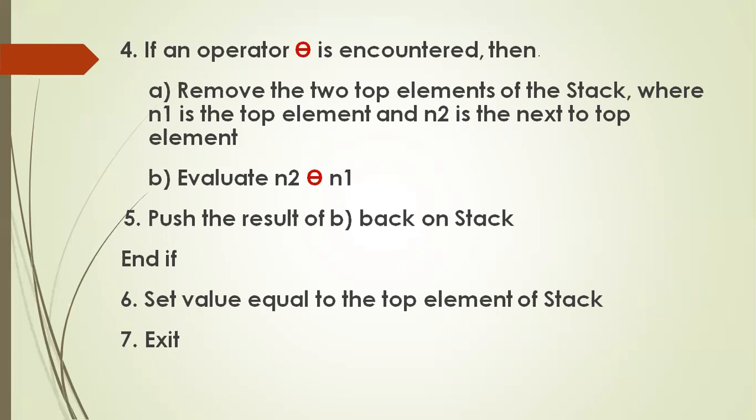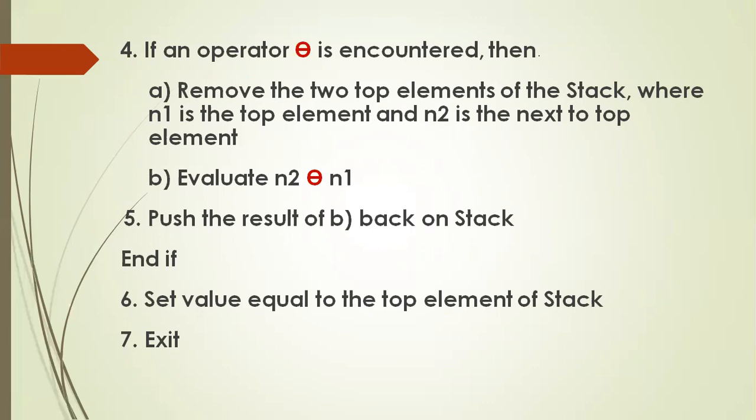Then you apply that operator between N2 and N1. Suppose the topmost element is 6, the next topmost element is 4, and the operator is plus. So N1 is 6 and N2 is 4. You apply the operator between N2 and N1, so it becomes 4 plus 6. How much will it become? It becomes 10. Then, after finding the result, you push the result back onto the stack.